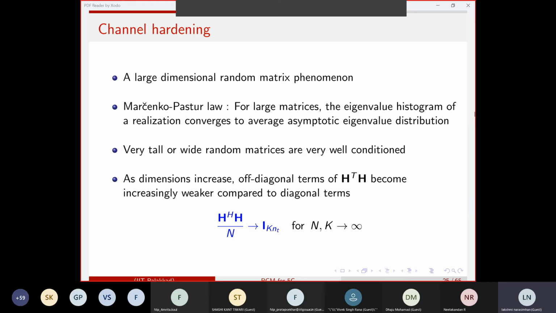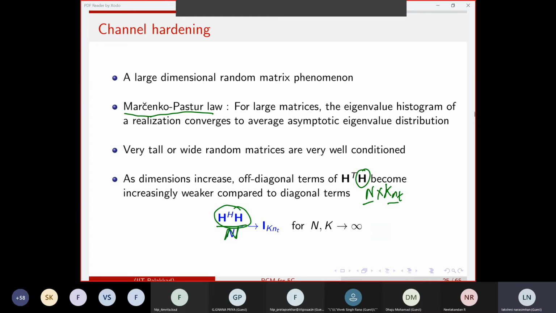In this case, once again, we exploit the property of large dimension. Large dimensional random matrix theory has one interesting phenomenon known as channel hardening, which is given by the Marchenko-Pastur law. It says that if this H matrix, the channel matrix, which we saw to be n cross k, has n and k really large, then H Hermitian H normalized by the dimension n almost becomes an identity matrix.